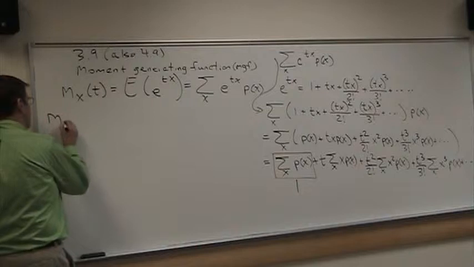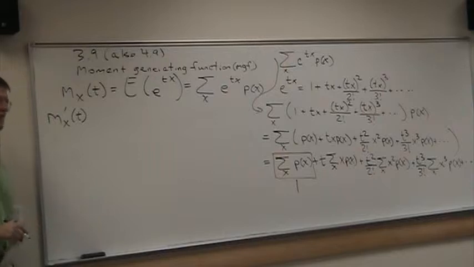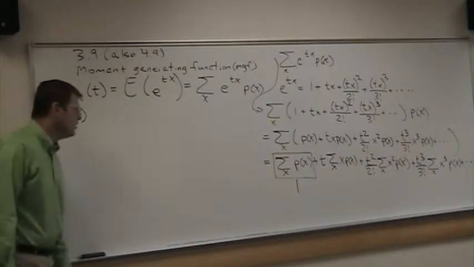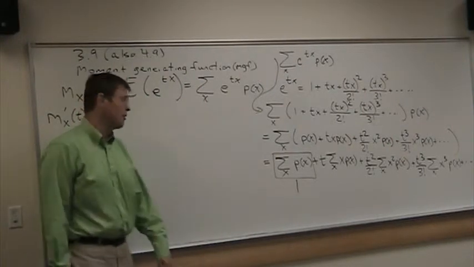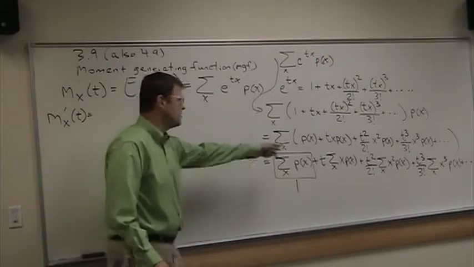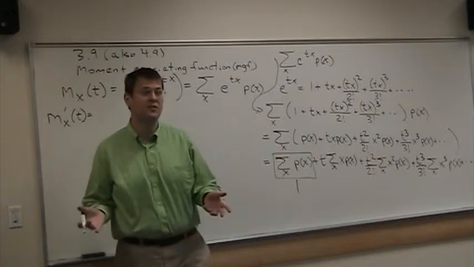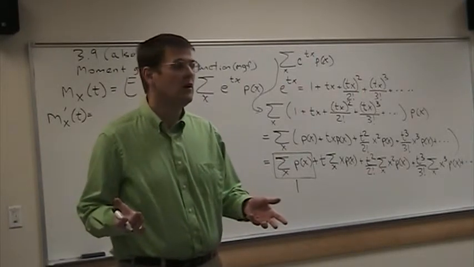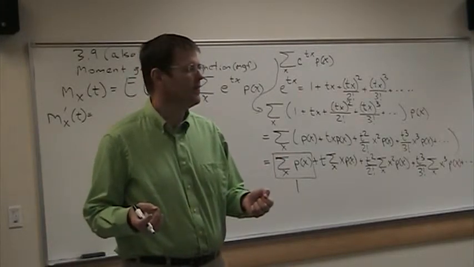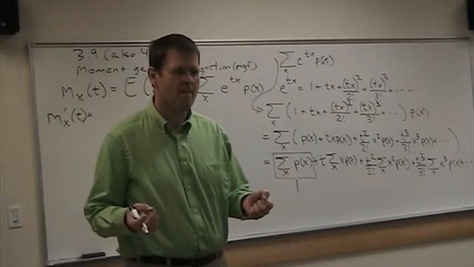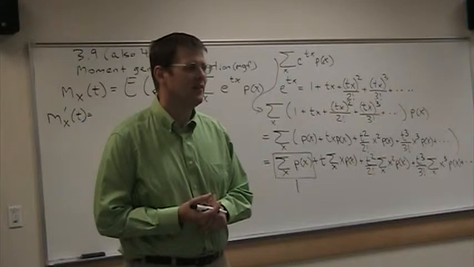So let's take that first derivative of that with respect to t. What happens to the first term? Gone, right? 0. What about the second term? Remember, we're taking it with respect to t, so what's the derivative of 5t with respect to t? 5.